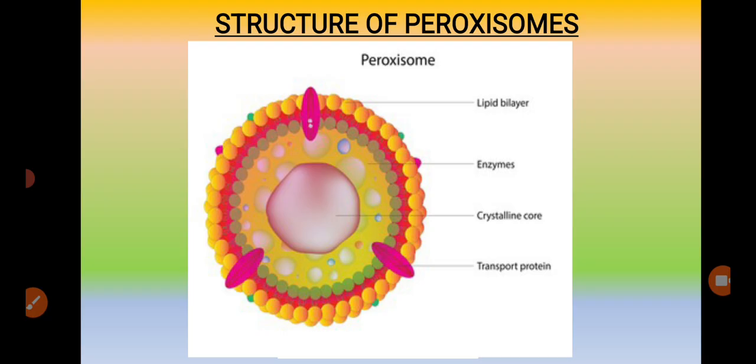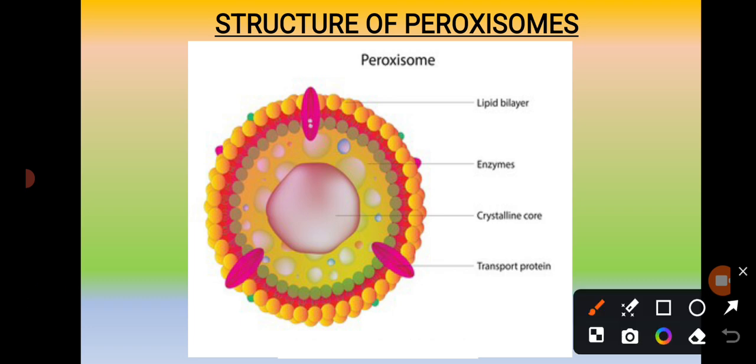Inside the peroxisome is a dense granular matrix that contains especially enzymes. Which enzymes? Oxidases and catalases. What are the main enzymes? Oxidases and catalases.